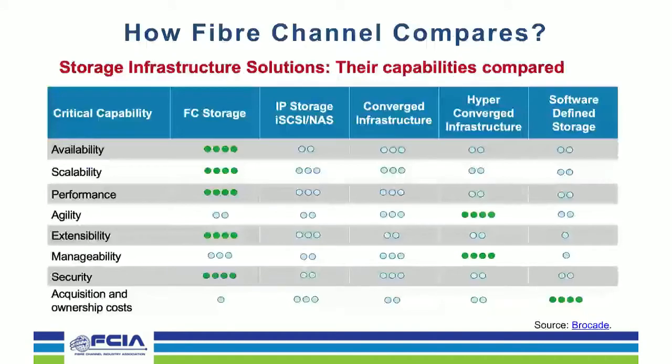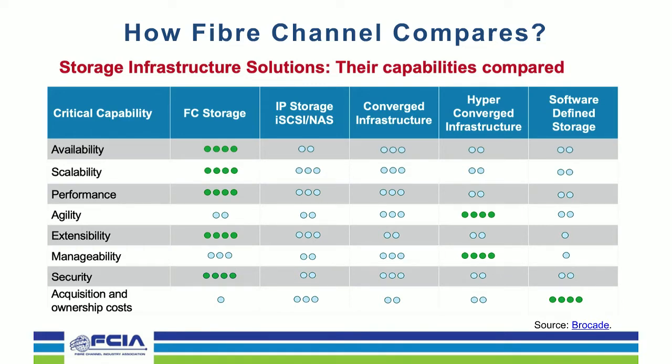So with that kind of background on Fibre Channel, let's do a quick comparison. Customers today have a lot of choices when it comes to their storage infrastructure, with Fibre Channel being one of them. Other alternatives could be IP-based storage, such as iSCSI or NFS, hyperconverged infrastructure or HCI, which has recently been much talked about in our industry, and then build-your-own software-defined storage mechanisms.